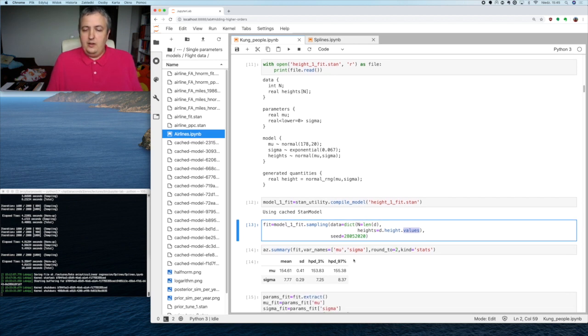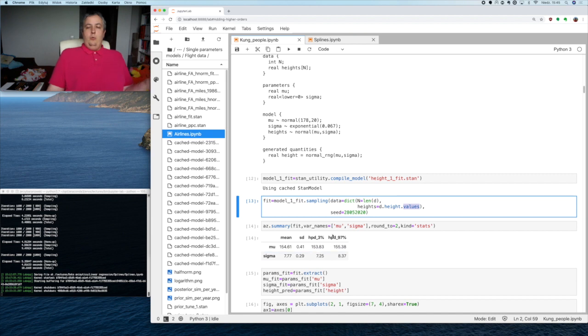And in our simulation, when we use the summary function, we can see that the mean height from our estimation is around 155 centimeters, and this mean has a very small standard deviation.